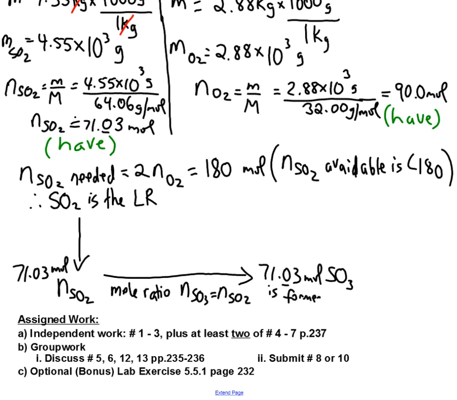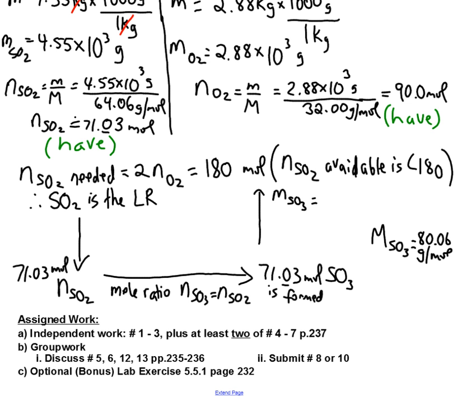At that point, we can get to a mass of SO3 by simply calculating the molar mass. Off to the side here, we can get the molar mass of sulfur trioxide, which would be 80.06 grams per mole.